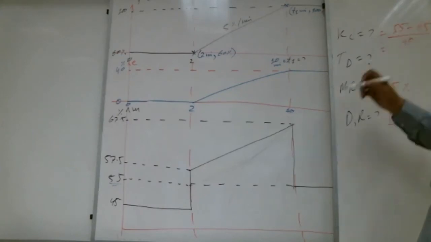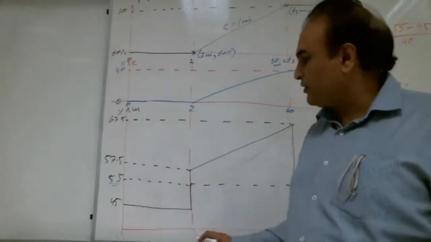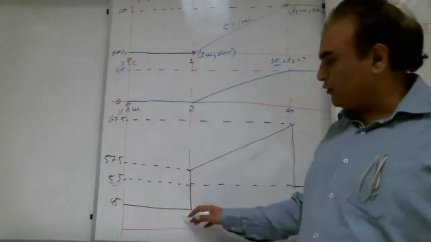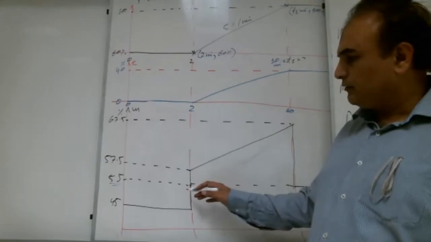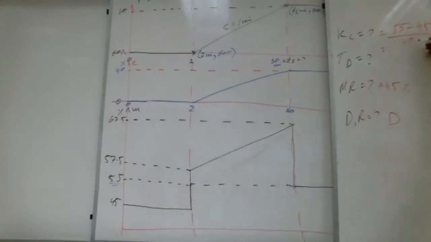You can calculate the change anywhere, but this brother is calculating here from 0 to 2. From 0 to 2, what is output? Here, 55 minus 45 divided by 40, how much? 10 by 40. 10 by 40 means what? 0.25.